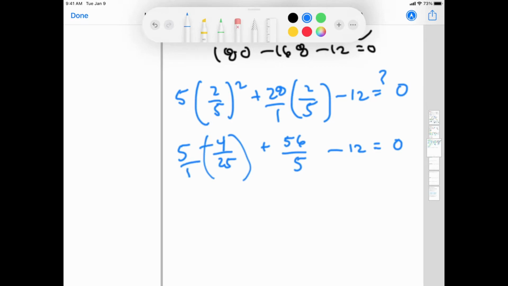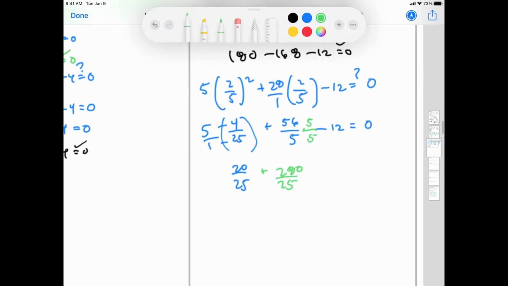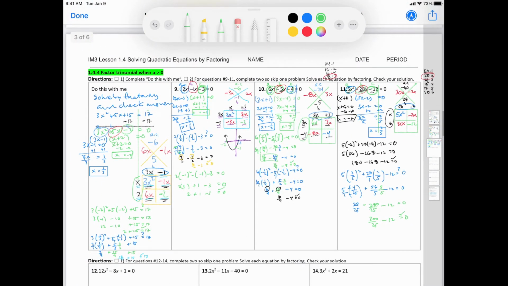And this multiply across, you'll get 20/25. This one I'm going to multiply by 5, so yeah, this is going to work. 300 divided by 25, which is how many quarters in $3? That will be, I'm assuming, 12. And 12 minus 12 is 0. Works out.